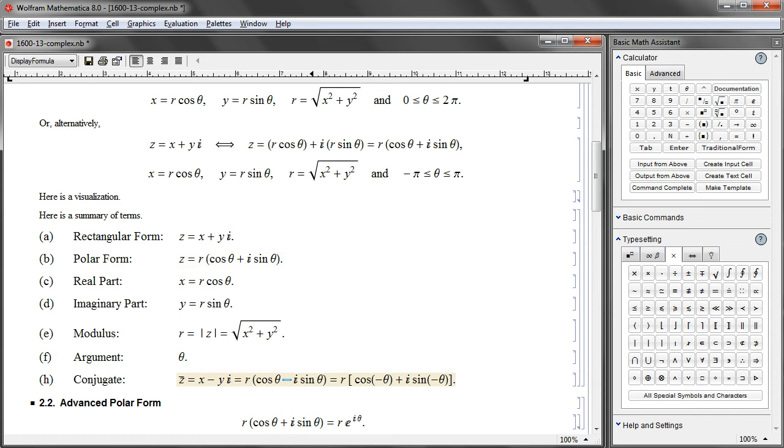Now here is an ingenious observation. Cosine of theta is the same as cosine of negative theta, so replace theta by negative theta without any change. Now, sine of negative theta, on the other hand, is negative sine of theta. So if I replace this theta in the highlighted expression with negative theta, then I have to change this into plus form.